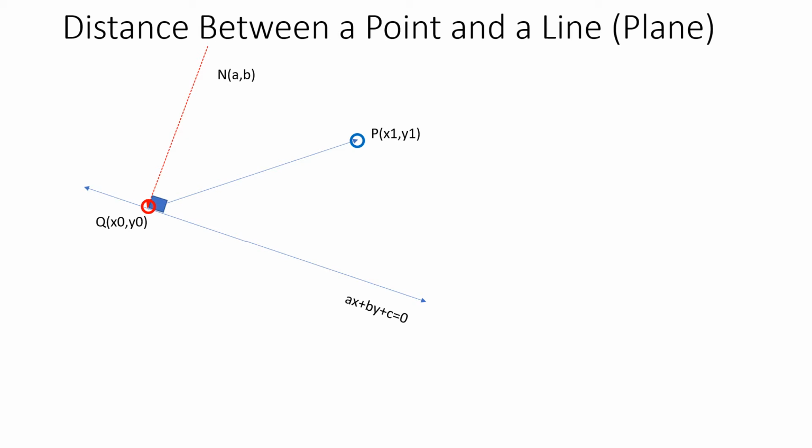Q is the point on the line where the normal line passing through (a, b) cuts the line ax + by + c = 0. And so we have the point P, which is outside of the line ax + by + c = 0. We want to find the distance between P and the line.